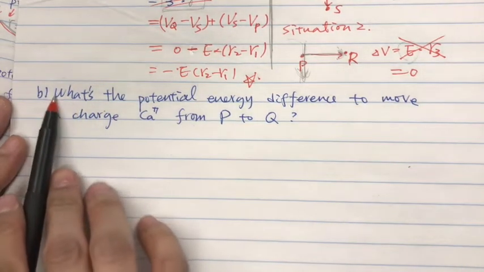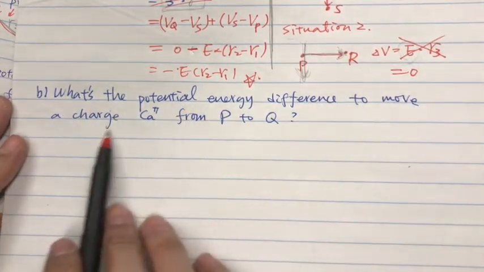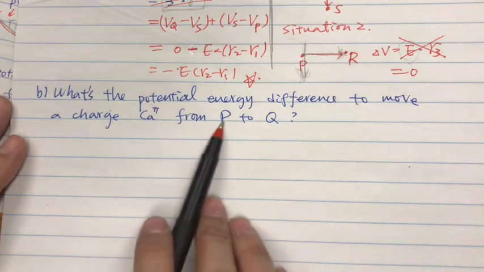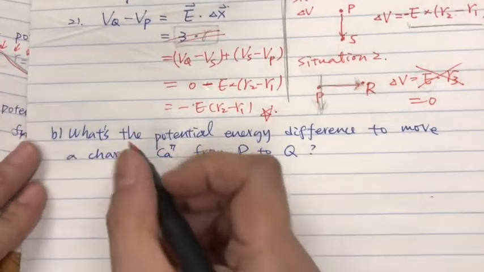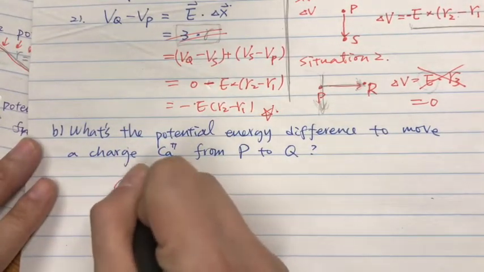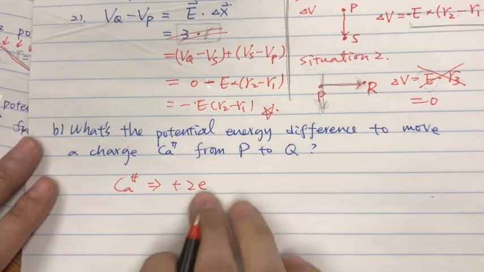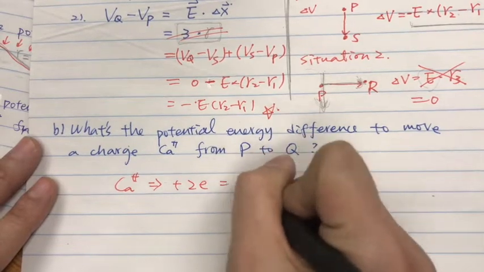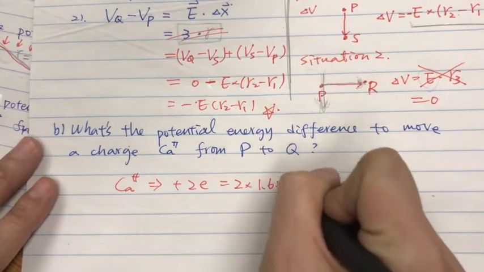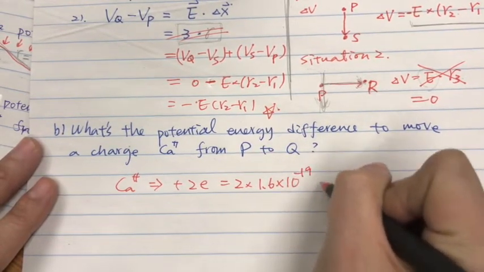In this problem, what's the potential energy difference to move a charged calcium from P to Q? Calcium is an ion which carries the positive 2 electron charge. So it's 2 times 1.6 times 10 to the negative 19 coulomb.